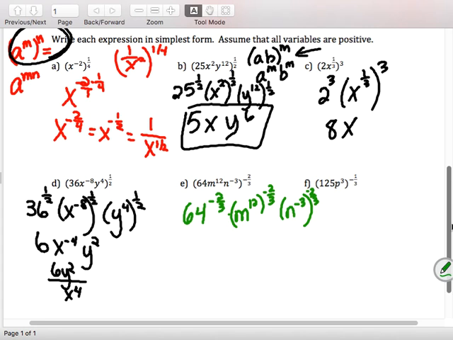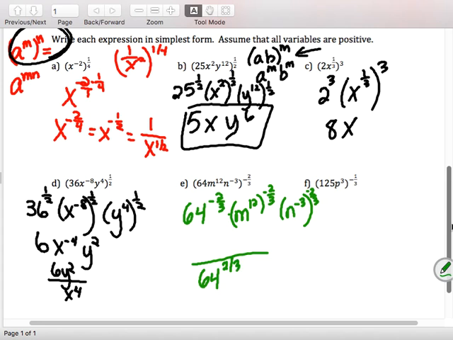Okay, letter E. I'm taking 64 to the negative 2/3, m to the 12th to the negative 2/3, and n to the negative 3 to the negative 2/3. All right, you kind of want to maybe take your time with this. My 64 to the negative 2/3 can drop down right now.